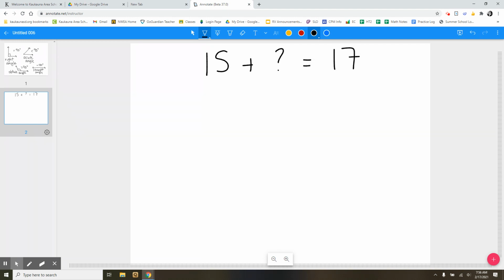You have to ask yourself, okay, this is a pretty simple problem, but the idea is still the same. I have 15 items. I need to add 2 units to that to get to 17. Okay, that one you can do in your head. You can also check it by saying if 17 is my total, I can take away the information that I know, and it leaves me with 2. So the missing value needs to be 2.